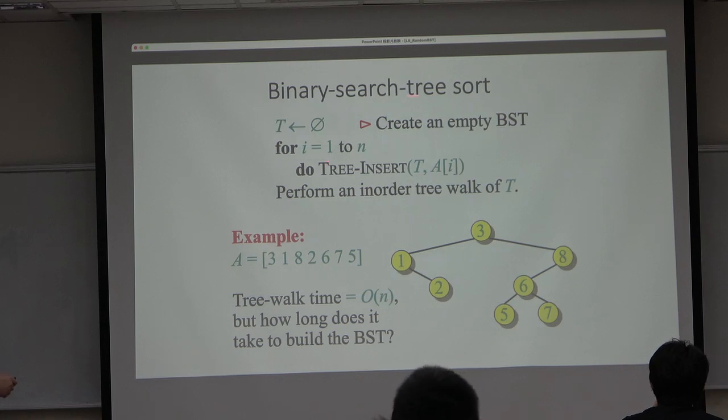After the insertion, you form a binary search tree, and then you perform an in-order tree walk on T, which will result in a sorted list of numbers. Is that right? You know that, right?